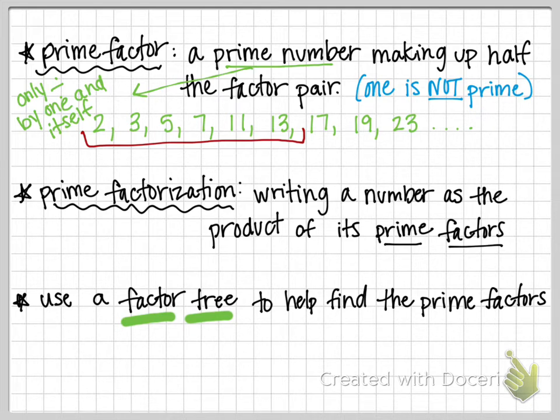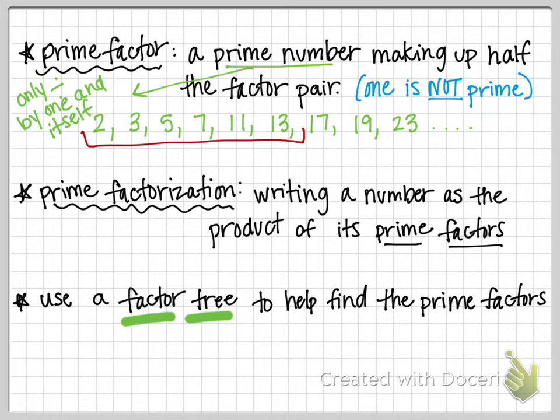Now, this is where you'll say, oh, yes, I remember this, or I don't know what you're talking about. Use a factor tree to help find the prime factors. Have we done factor trees? Okay, good. Then we'll learn something new today. A factor tree is how we do prime factorization.